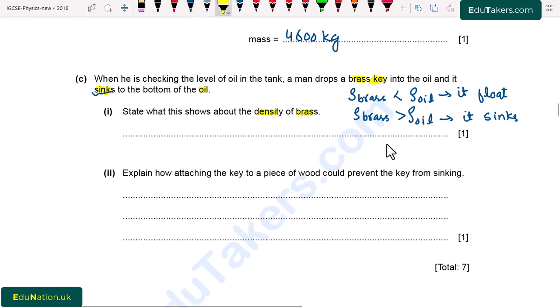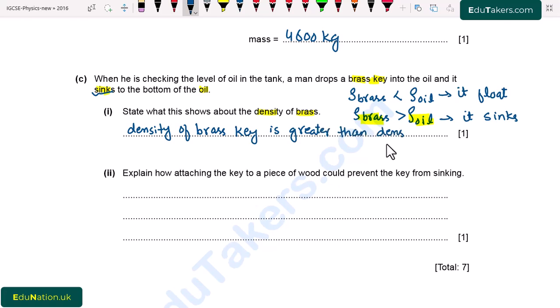It means that the density of brass is greater as compared to the density of oil. So I write here density of brass key is greater than the density of oil. So that's why the brass key sinks at the bottom of the oil.